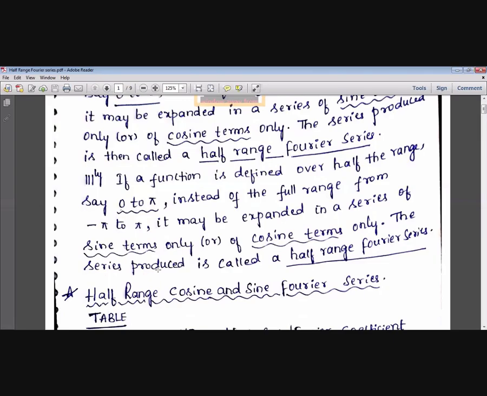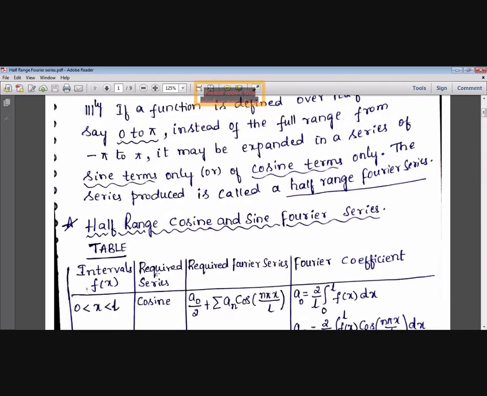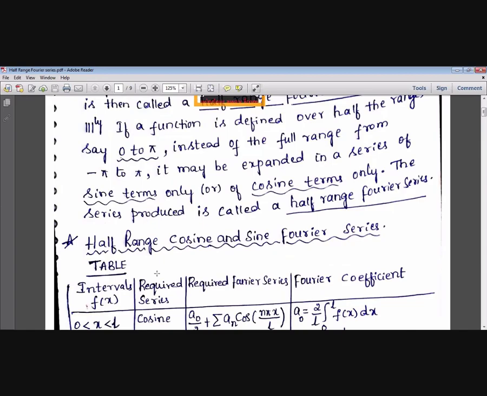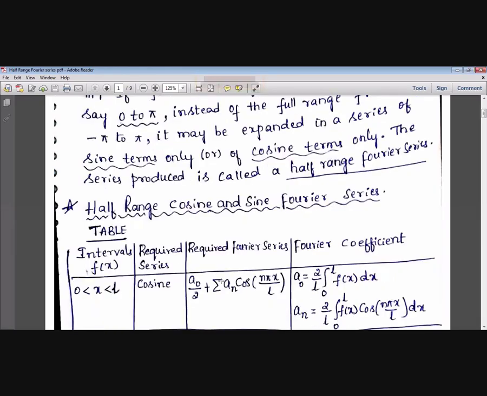The definition of Fourier series is a naught by 2 plus summation an cos n pi x by l plus summation bn sin n pi x by l.